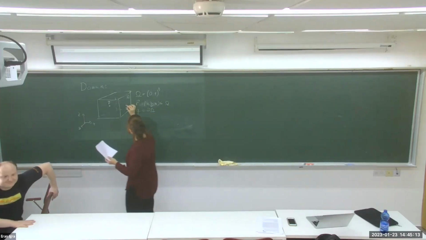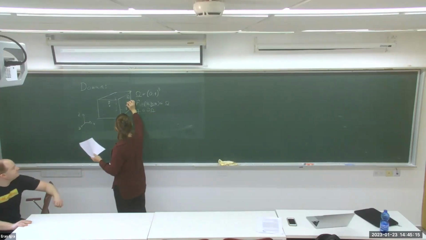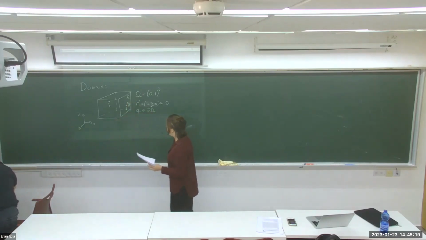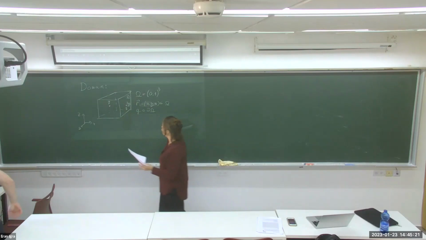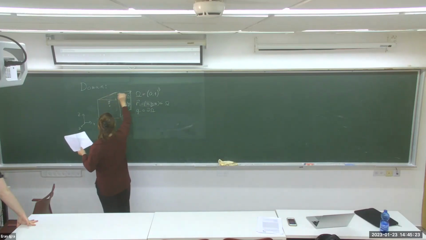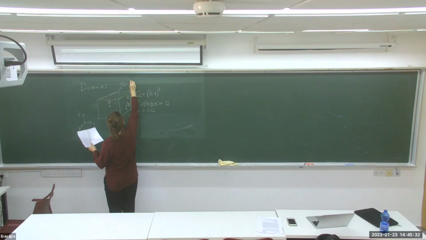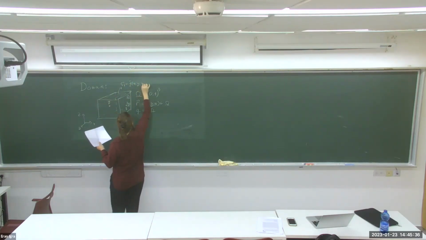And the outward normal to the boundary is denoted n of q. The top of our box, we call it sigma 1, and it equals the set of x, y, z with z equals 1.